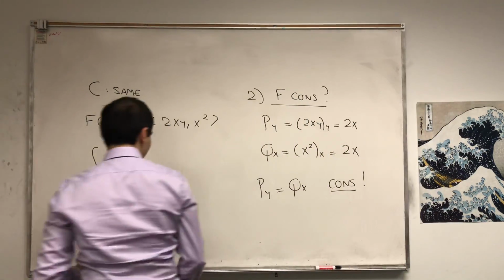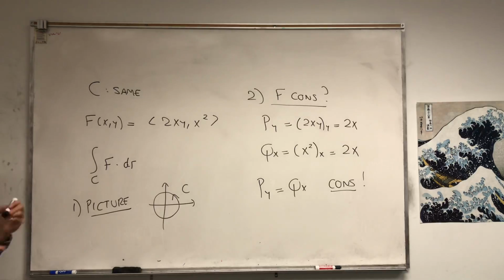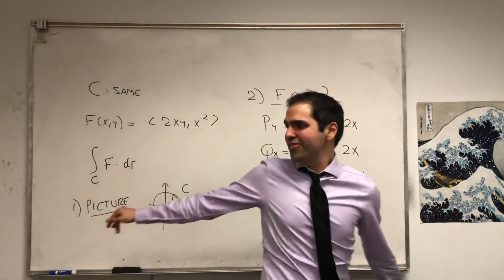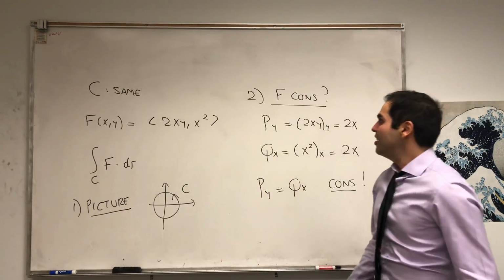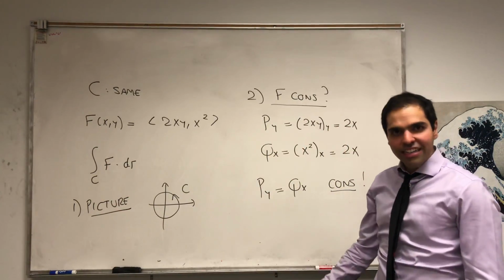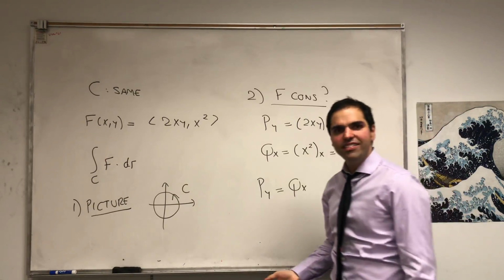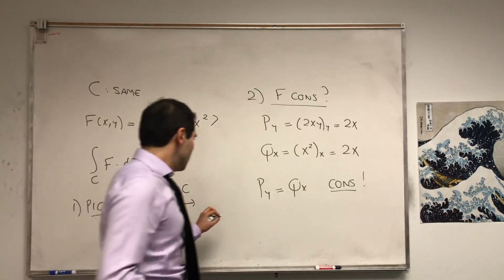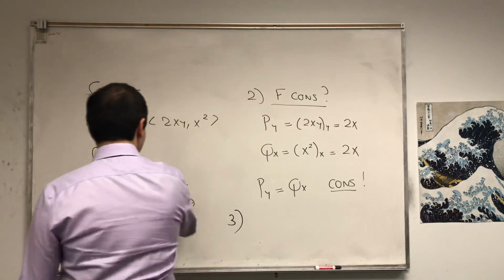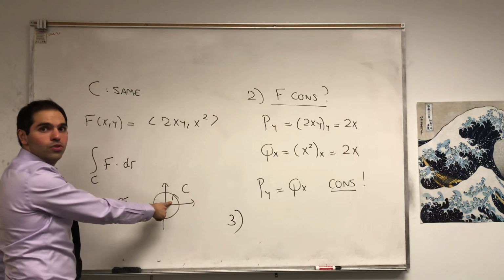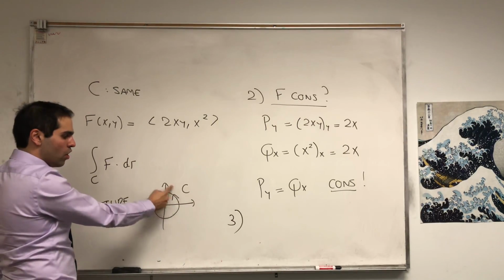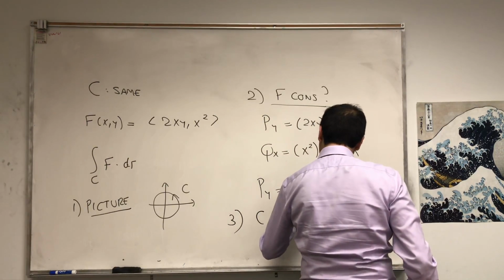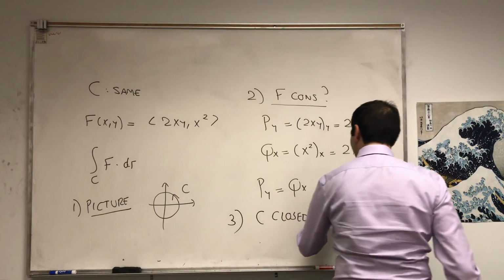Okay. Now, there are two ways of doing this. And just be careful, it only works more or less for curves like this that are closed. You could either find an antiderivative, apply the FTC for line integrals, and feel very dumb at the end. Or there's an easier way of doing this. Notice C is a closed curve because the starting point is the ending point. C is closed. And F is conservative.